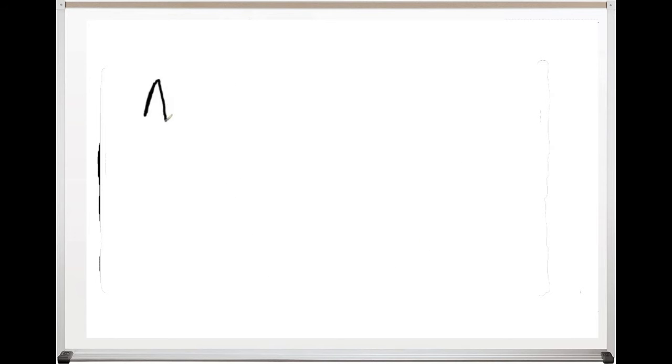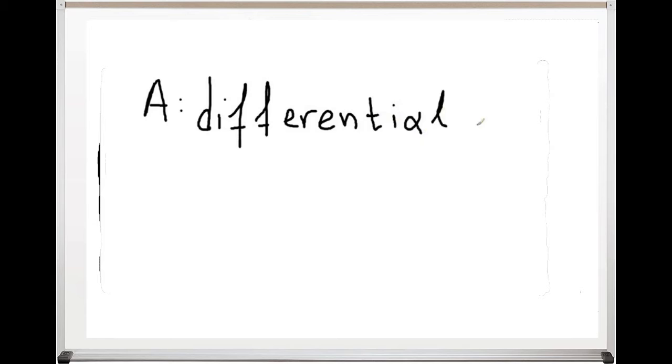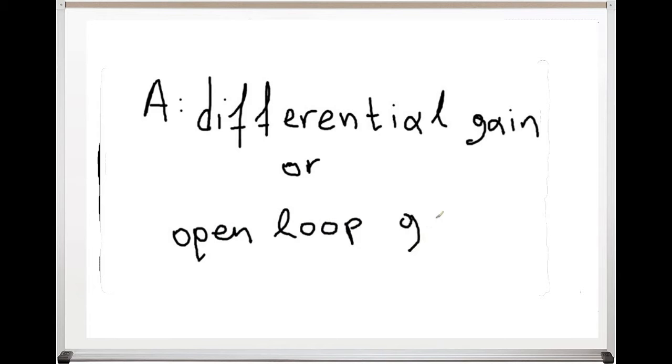This gain is called differential gain for obvious reasons and is also called open loop gain. The reason why it's called open loop gain will be more clear later when we start understanding the closed loop gain.